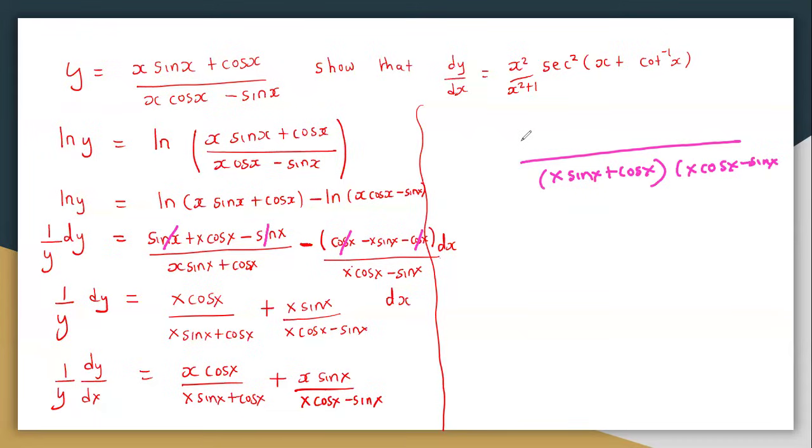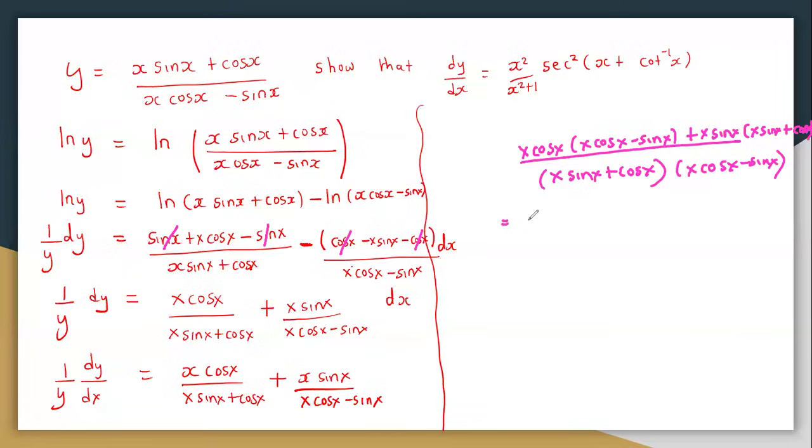Up here in my numerator, I will have my x cos of x, I multiply with x cos of x minus sine of x, then plus my x sine of x into x sine of x plus cos of x.